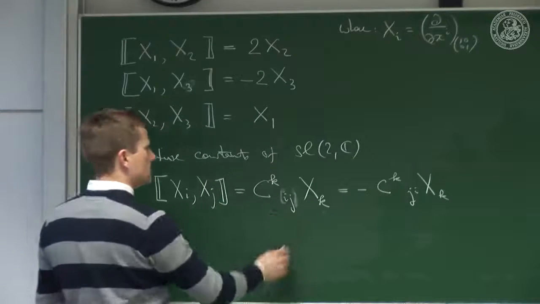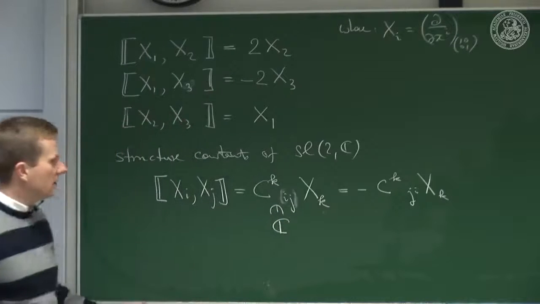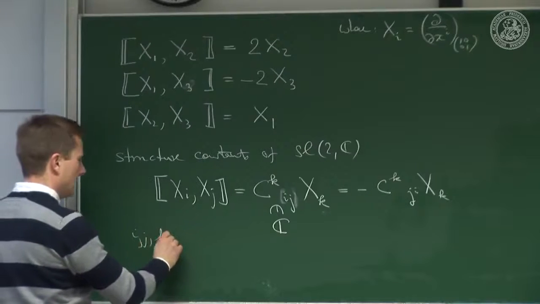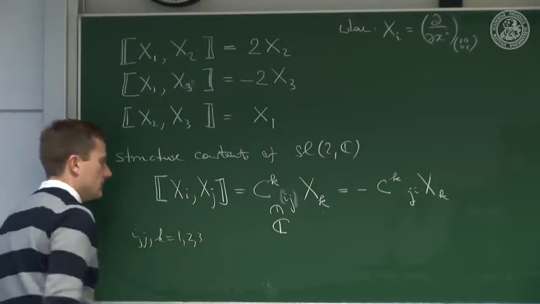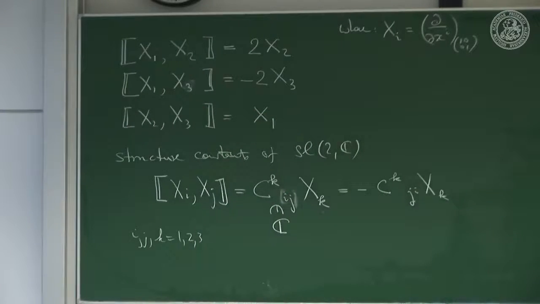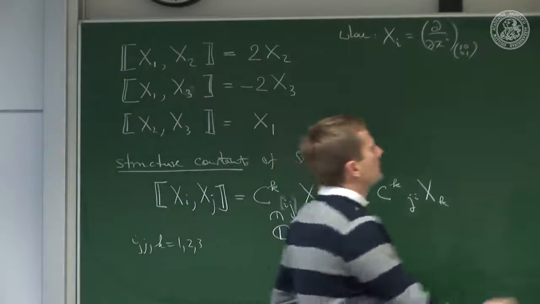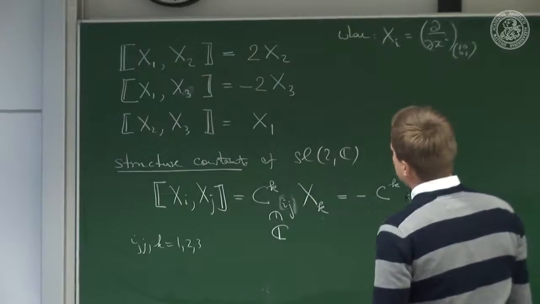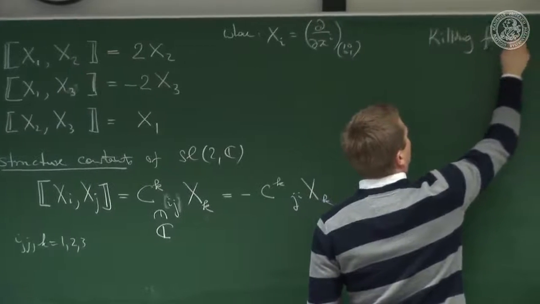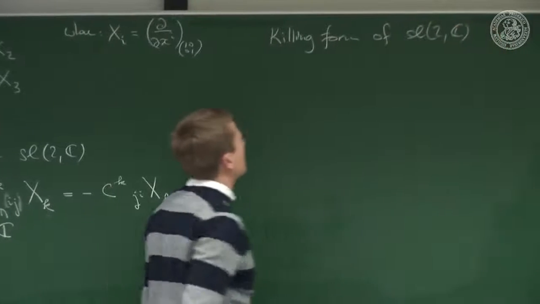Okay, and these guys are the structure coefficients, and because we're dealing with a complex Lie algebra, these are simply a collection of complex numbers, and i, j, k run over the labels of the basis vectors. Those are the structure constants, and so we saw that there's an important object called the Killing form of a Lie algebra, in this case of SL2C.